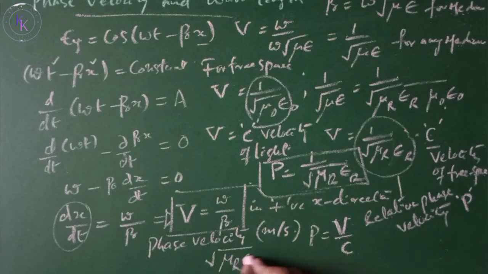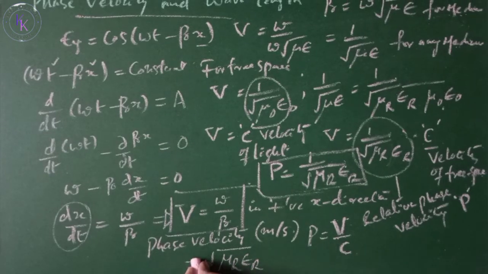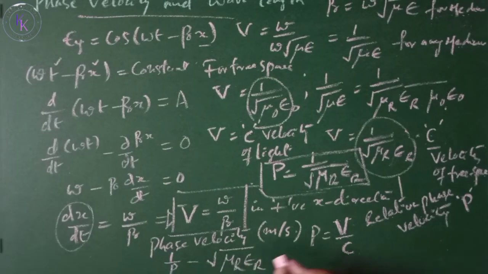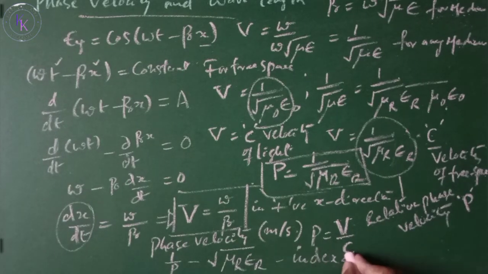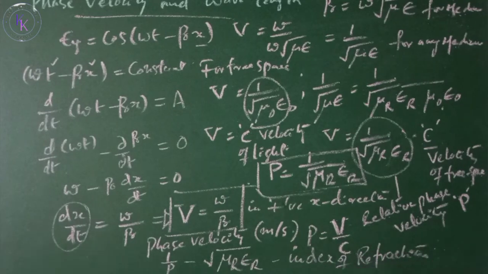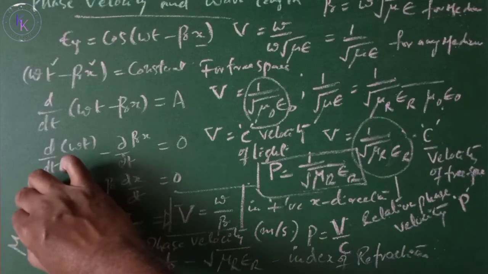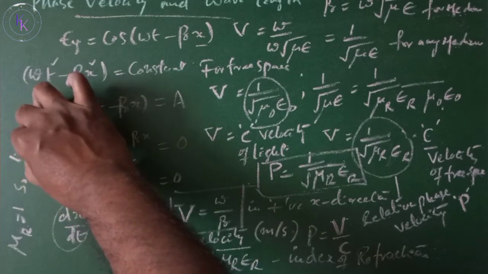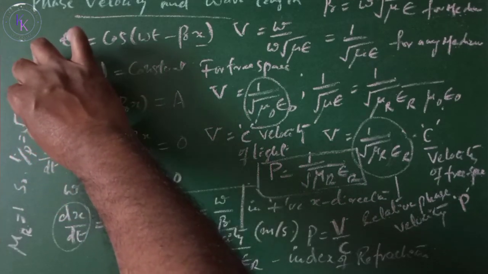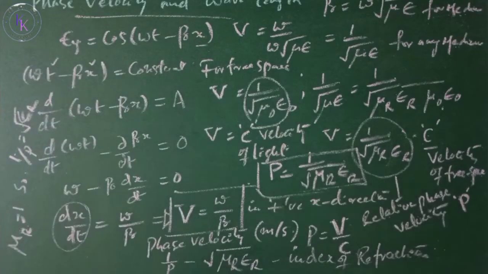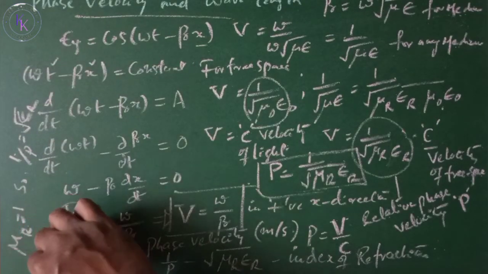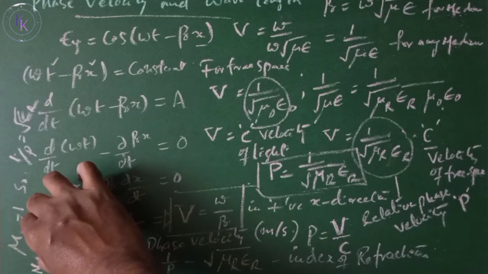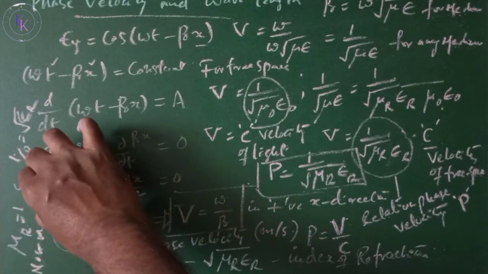The reciprocal of P, or 1 by P, is known as the index of refraction. For non-magnetic materials, mu r equals 1. So 1 by P equals square root of epsilon r is the index of refraction for non-magnetic materials.